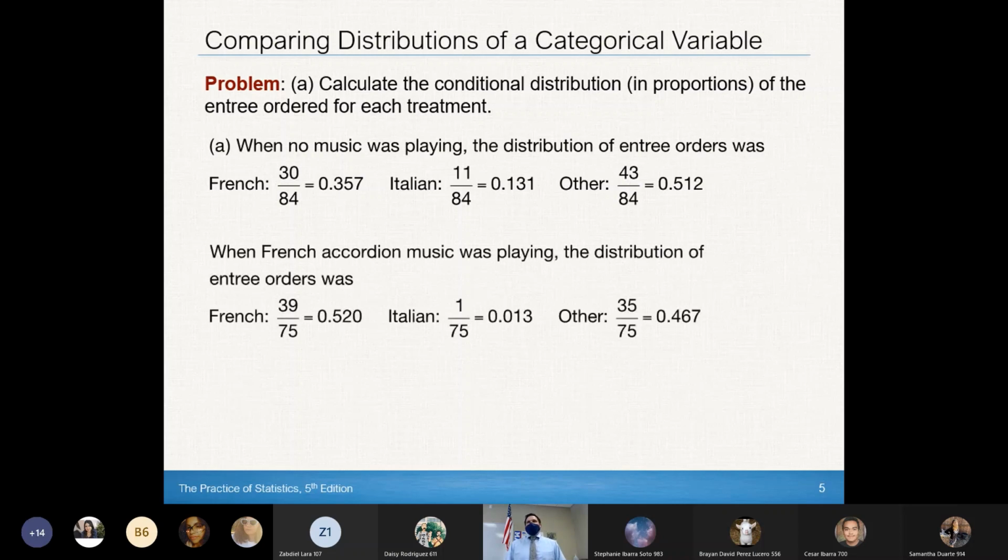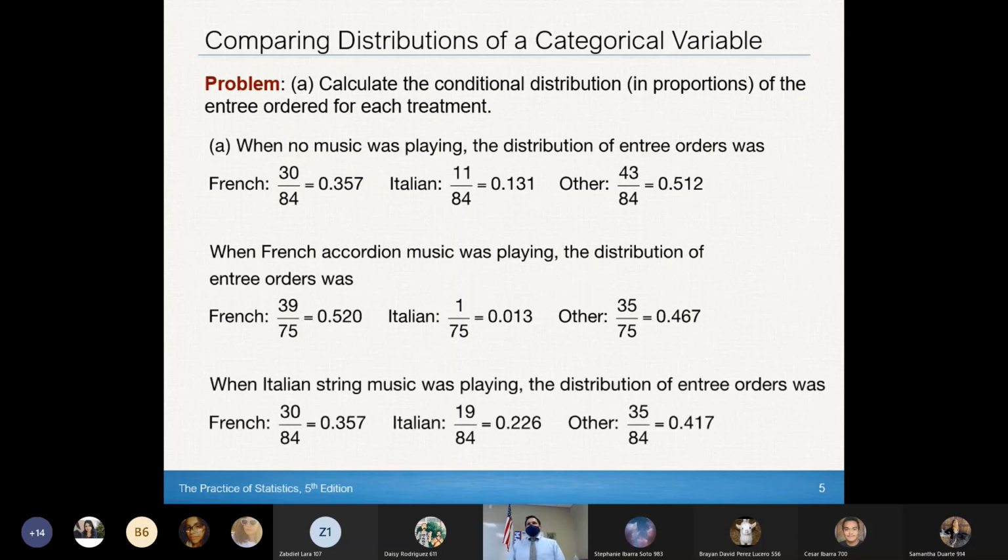When we get that French accordion music playing, the distribution is French 0.520, Italian 0.013, and other 0.467. And lastly, when we have our Italian string music, the distribution of entree orders is French 0.357, Italian 0.226, and other 0.417. So we have our conditional distributions, right?